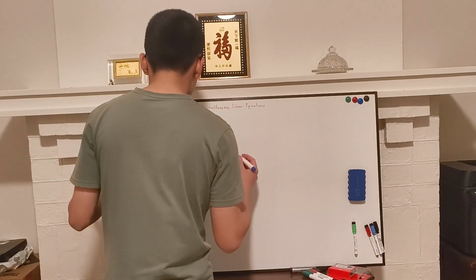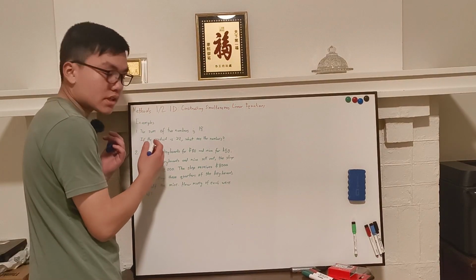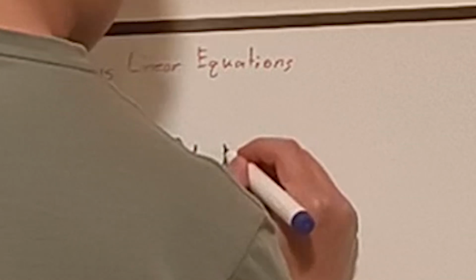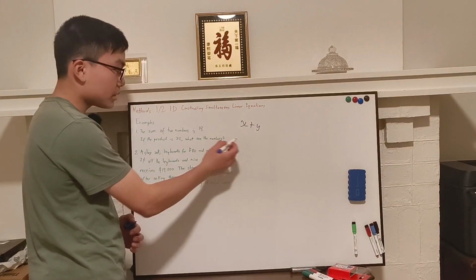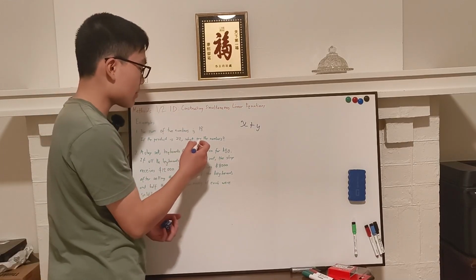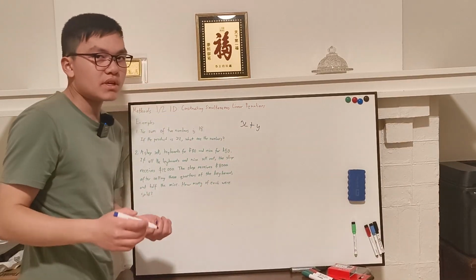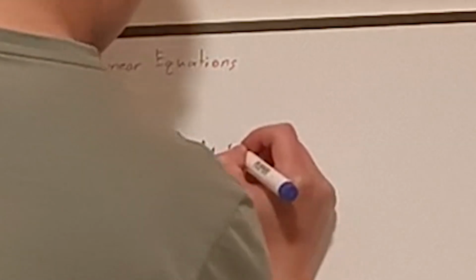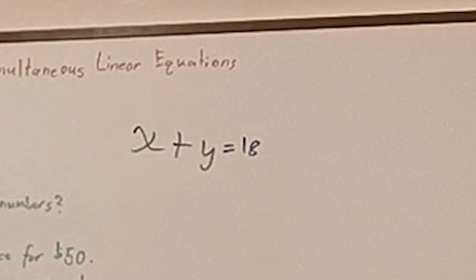So we write x plus y. The plus comes from where it says the sum of two numbers, and the two numbers mean x and y. Because it's two different numbers, we need to assign two different variables. And don't forget equals 18 at the end.